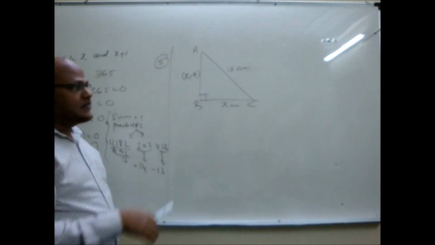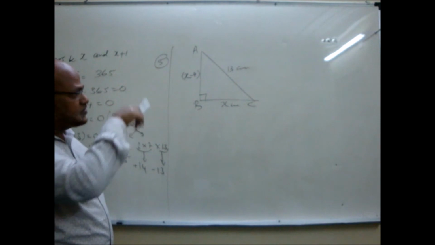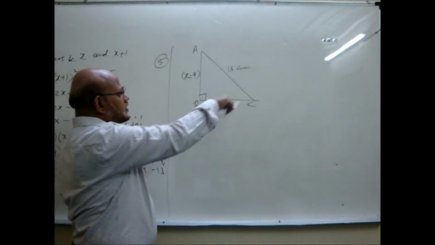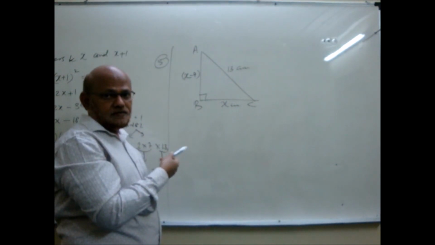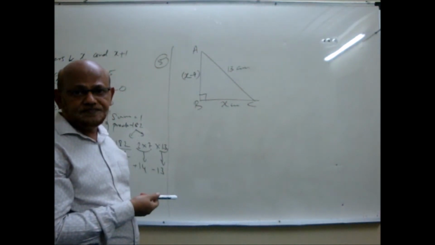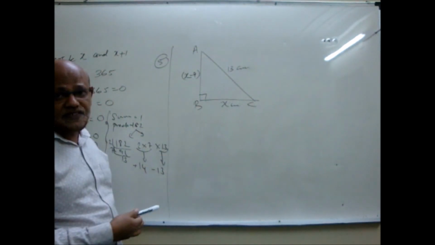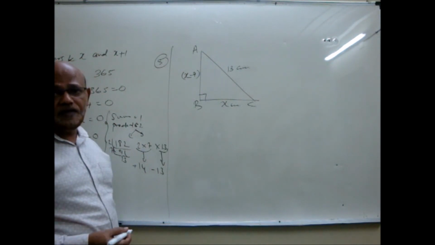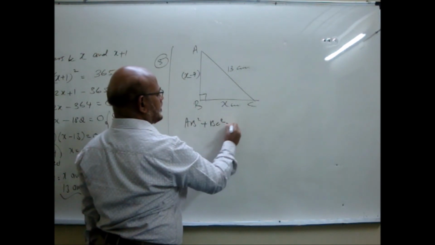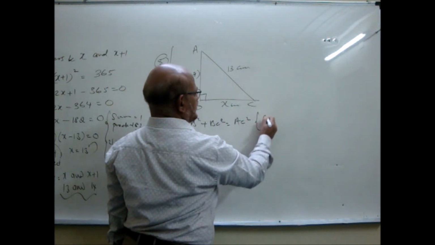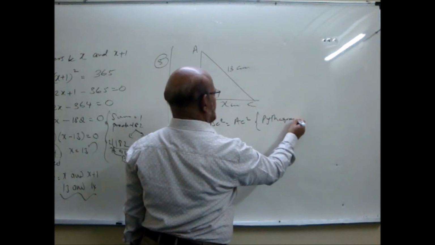Everything is ready. So we need to form the quadratic equation using these three things. How would you connect all these three sides of a right triangle? So you have to apply what? Pythagoras property. If you apply the Pythagoras property to connect the three sides, it will become a quadratic equation. Now AB square plus BC square equal to AC square, Pythagoras theorem, okay?